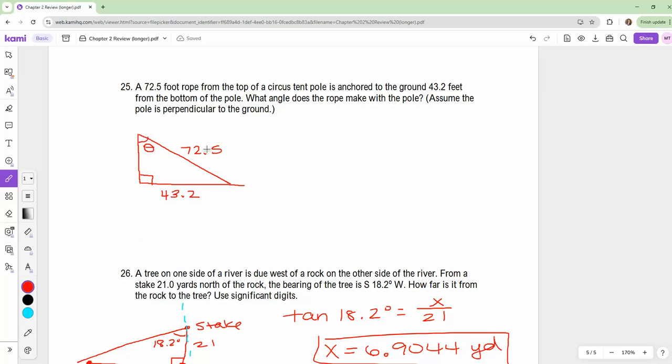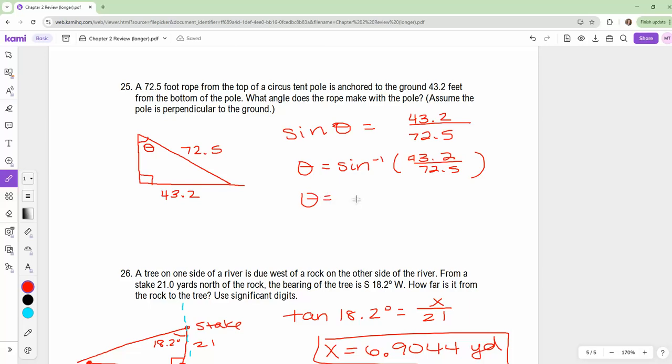From there I have opposite and hypotenuse, so that would be sine. So you can say sine theta equals opposite side 43.2 divided by the hypotenuse 72.5. When you are looking for an angle, that's when you do the inverse. So we do second sine. And that gives us 36.5741 degrees.